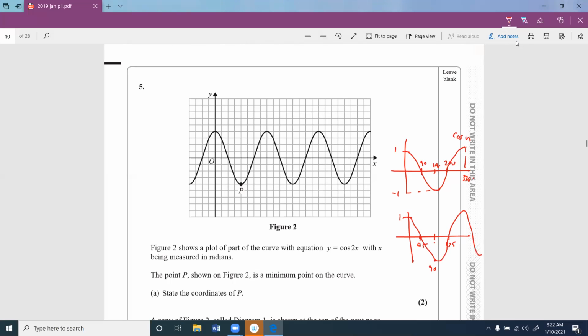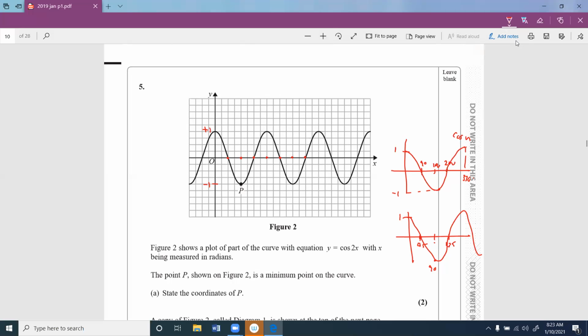So like that it goes on. Here you have to understand what this point is. This is 45. This is 90, 135, 180, 225, 270, 360. If I read out, it's half of the values over here. Here we know that this coordinate is -1 and this coordinate is +1.